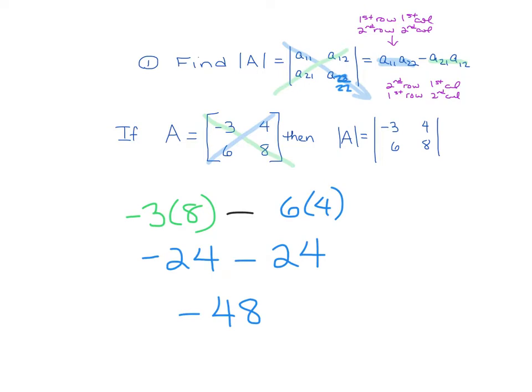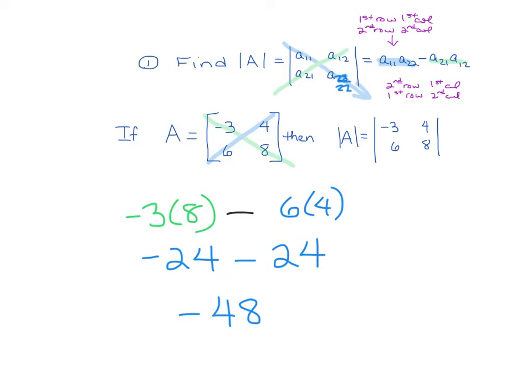Now this is not a solution of the matrix, it's just the value of the determinant. And we're going to be using this value to solve later on in the last couple slides. We're going to just practice finding the determinant first.